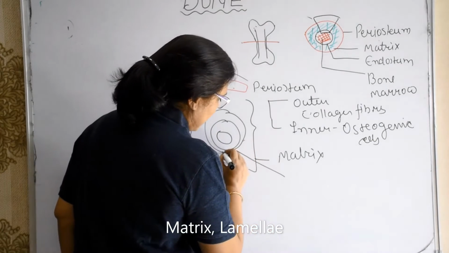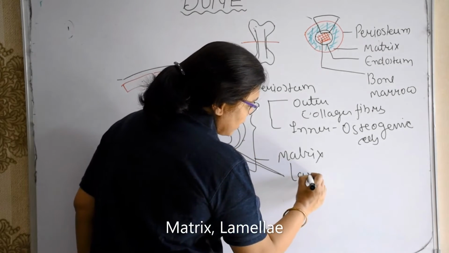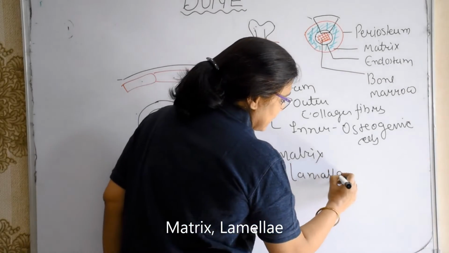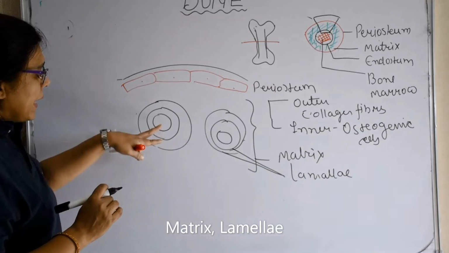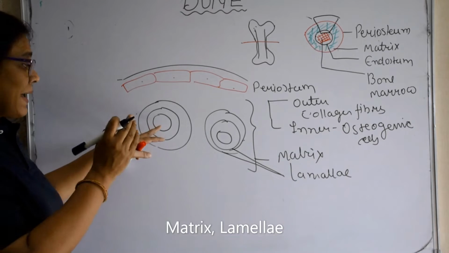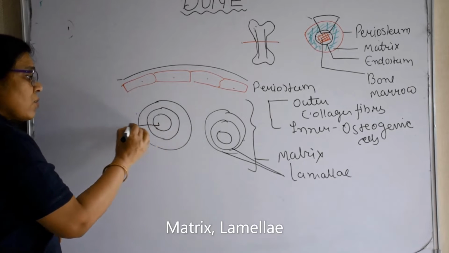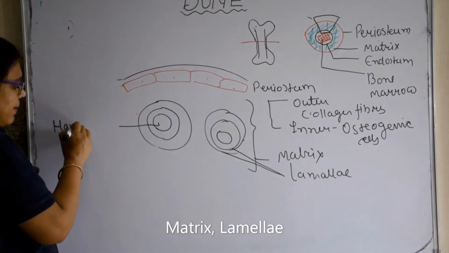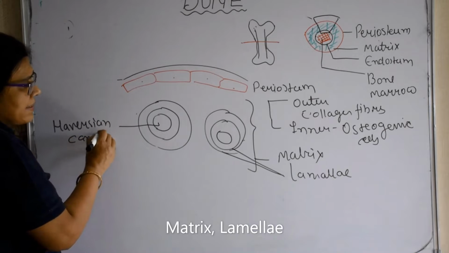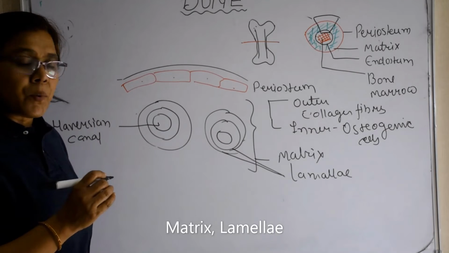These concentric rings are called lamellae. In the center of the lamellae, you can see a section of a canal, and this is called the Haversian canal. Haversian canal is the characteristic of mammalian bone.